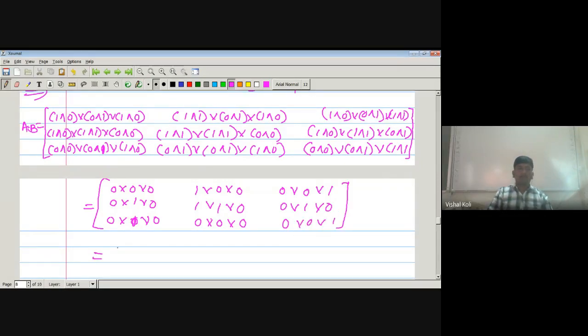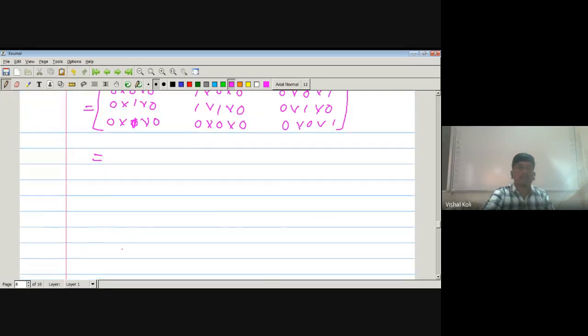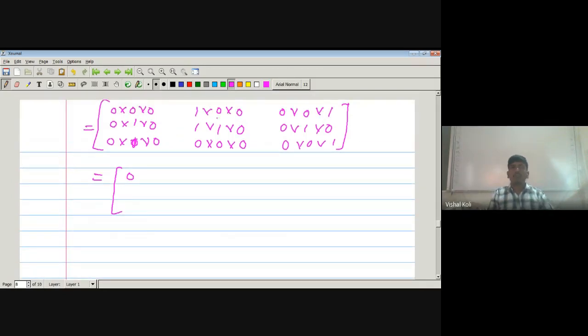Okay, so which is nothing but 0 meet 0 meet 0, which is 0 join 0 join 0, which is 0, 1 join 0 join 0 is 1, 0 join 0 join 1 is 1, 0 join 1 join 0 is 1, 1 join 1 join 0 is 1, 1 join 0 join 0 is 1, 0 join 1 join 0 is 1, 1 join 0 join 1 is 1.